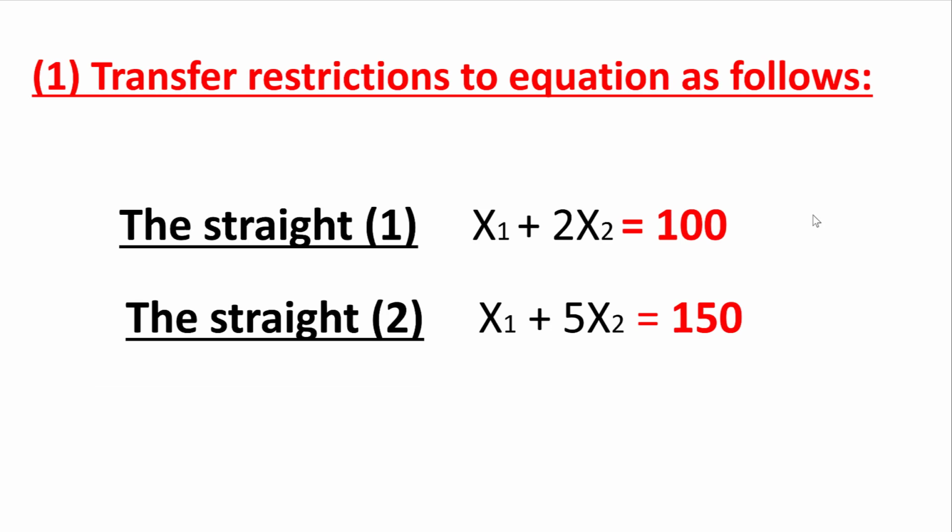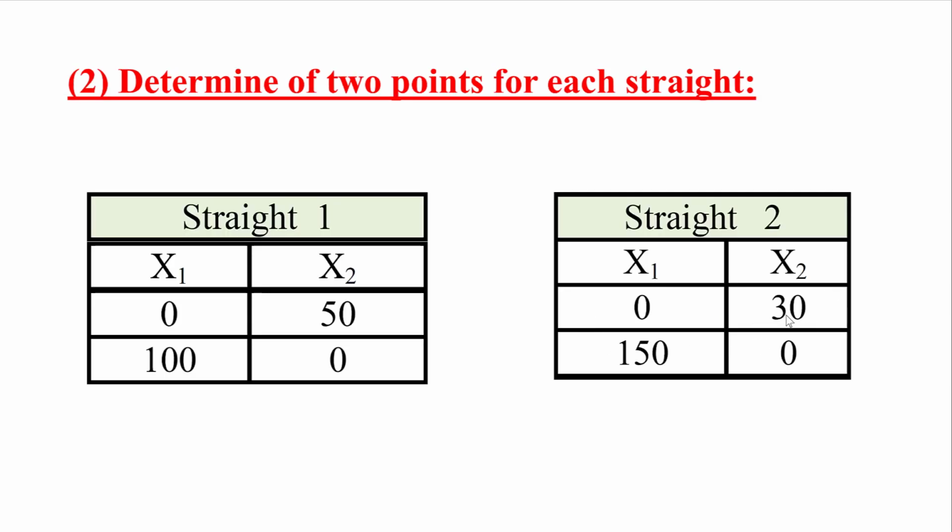For constraint or straight 2, when x1 equals 0, x2 equals 150 divided by 5, which equals 30. So the first point is 0 and 30.